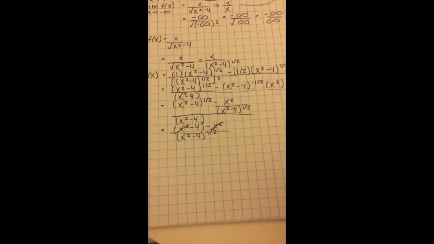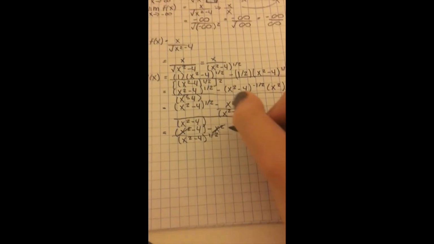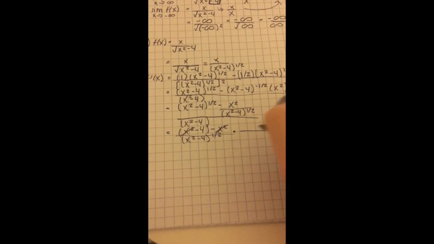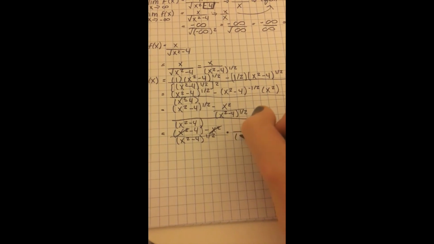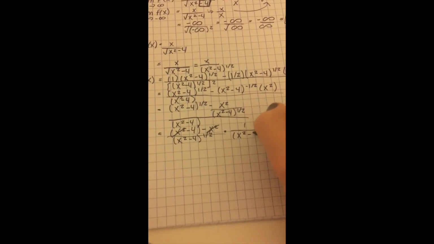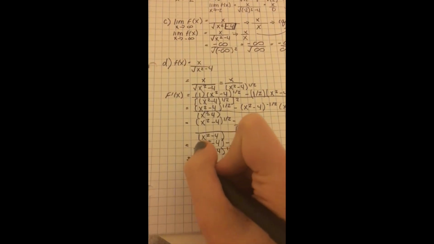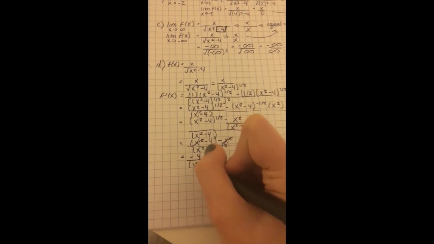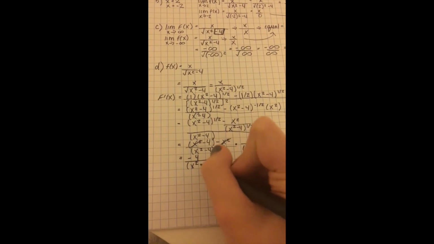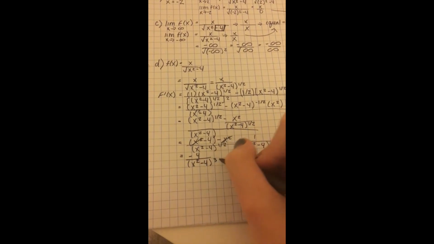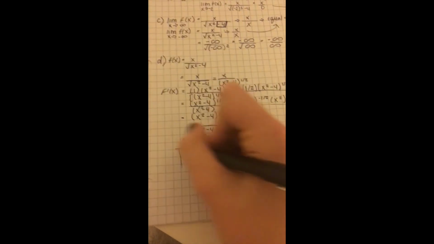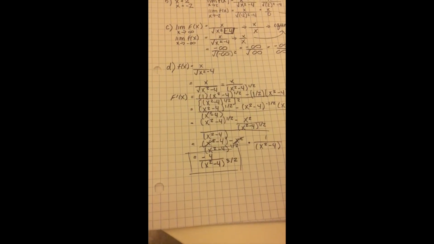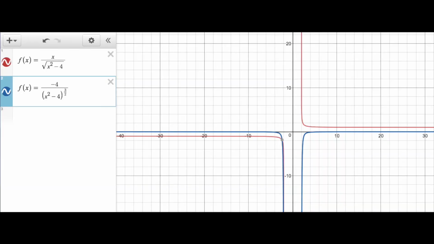So you can see that you can get rid of both 1/2s and then multiply by the flipped x squared minus 4 under 1. That then gives us negative 4 over x squared minus 4 to the power of 3/2. Looking at the graph of the original function and the derivative can then help you see all the concepts that we solved for.